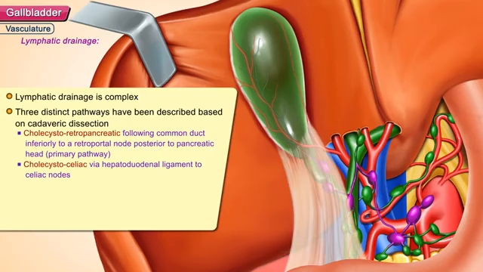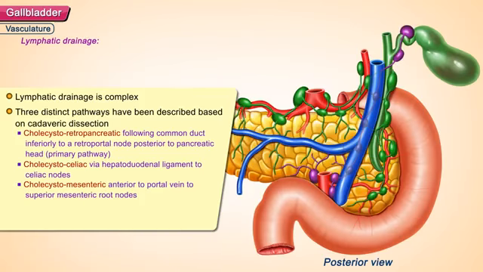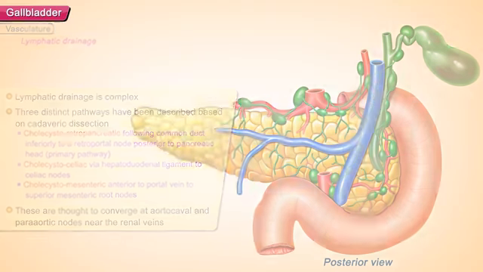Cholecystoceliac, via the hepatoduodenal ligament to the celiac nodes. Cholecystomesenteric, anterior to the portal vein to superior mesenteric root nodes. These are thought to converge at the aortocaval and para-aortic nodes near the renal veins.